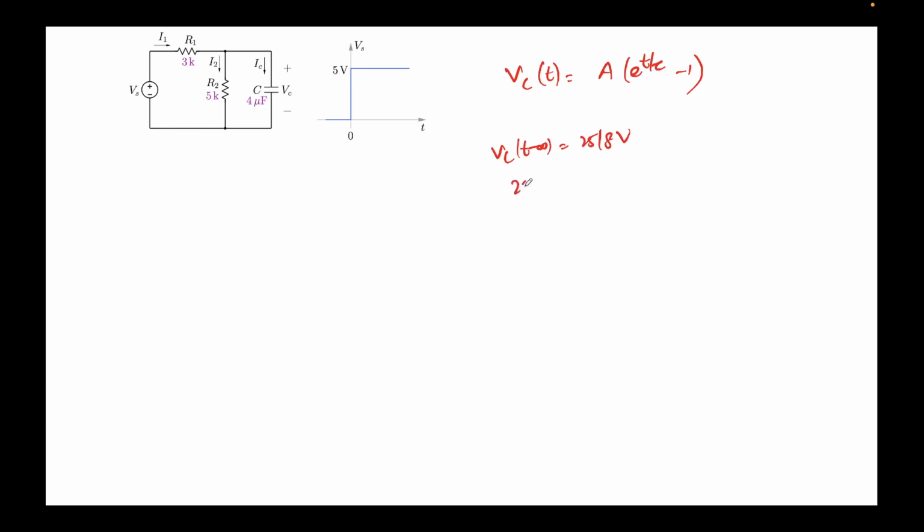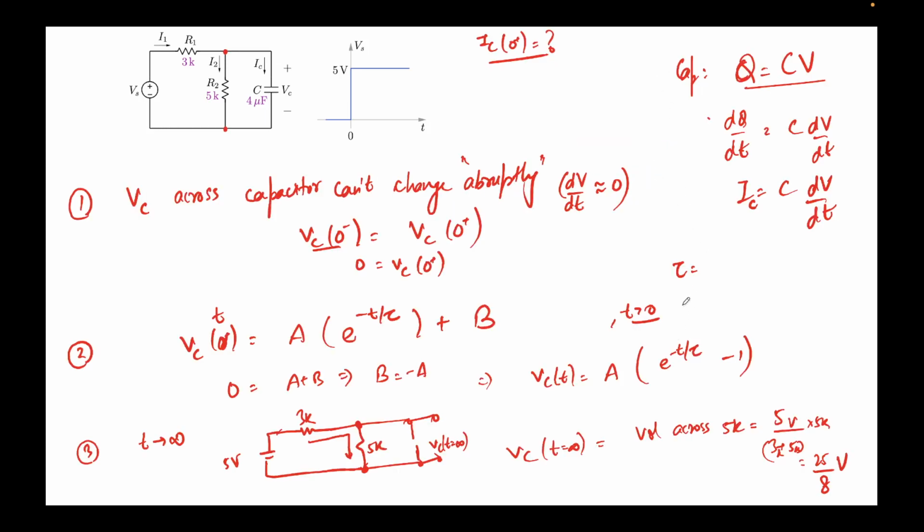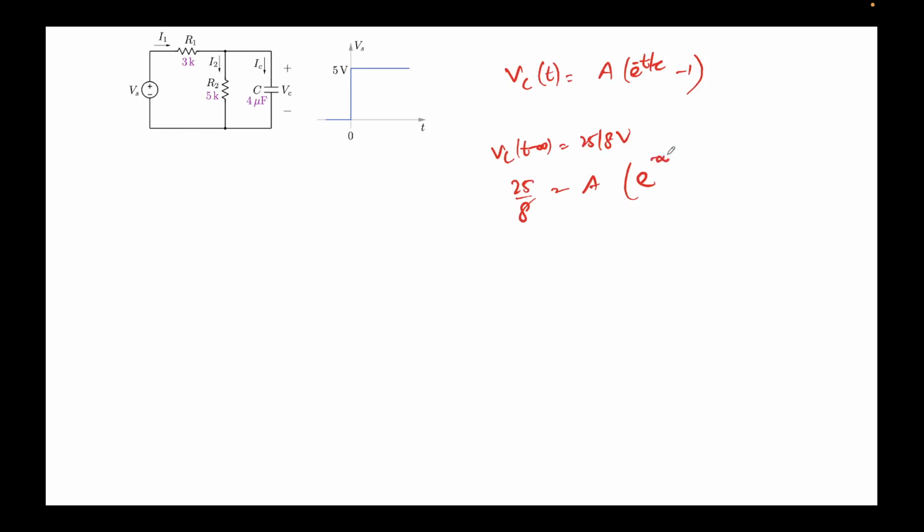So if I put 25 by 8 equal to A, there is a minus here, yeah. So minus infinity by tau minus 1, tau is a finite quantity, so this term will vanish. This will give me A equal to minus 25 over 8.